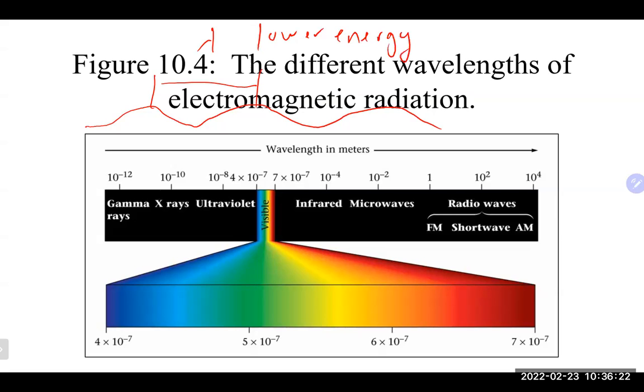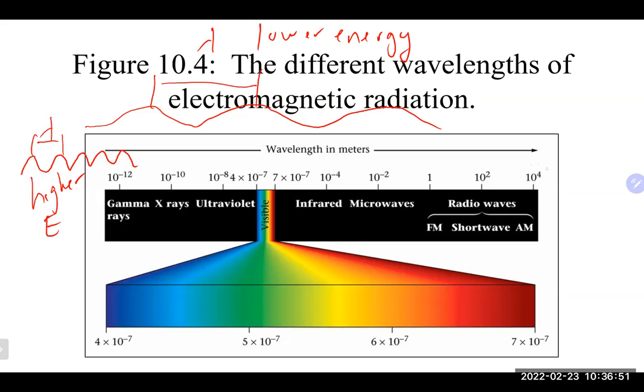So remember, longer wavelengths have much lower energy, with a lower frequency. That's different than a wave such as this, which has a much smaller wavelength, a higher frequency, and a higher energy associated with it. So this one usually has a higher energy.